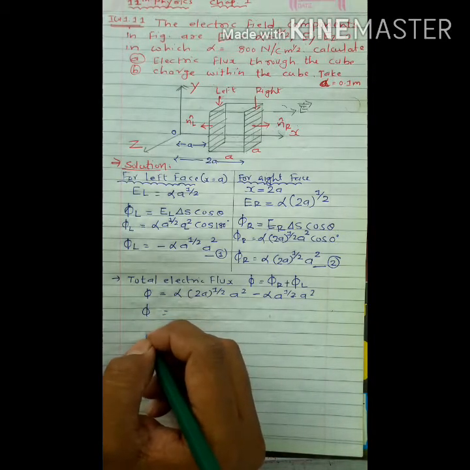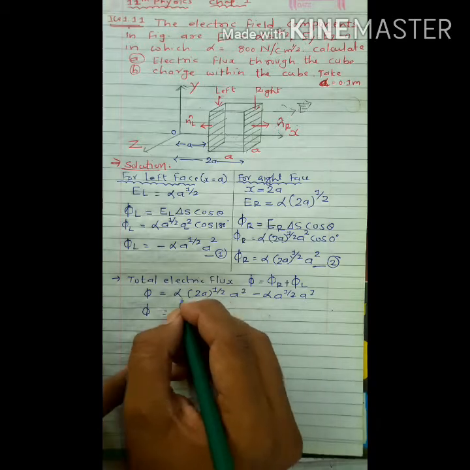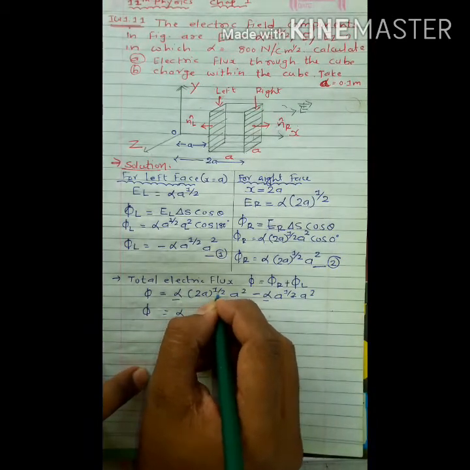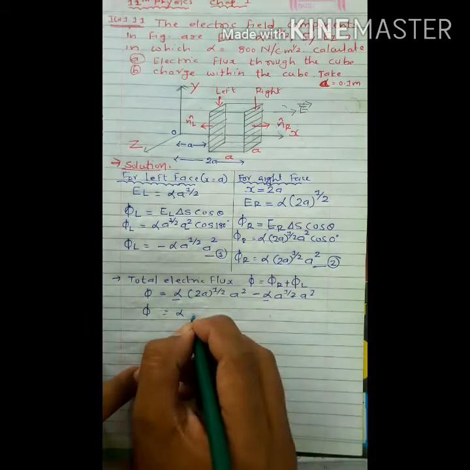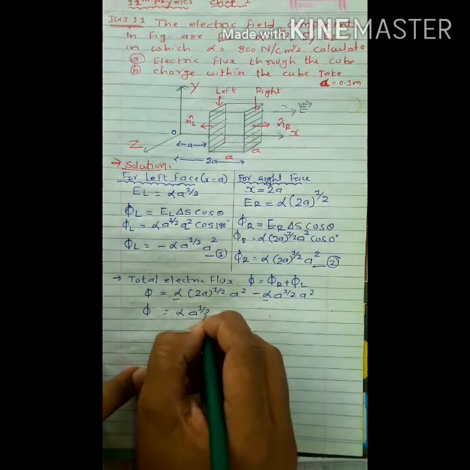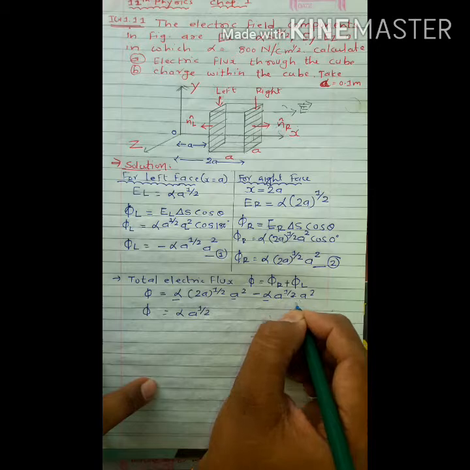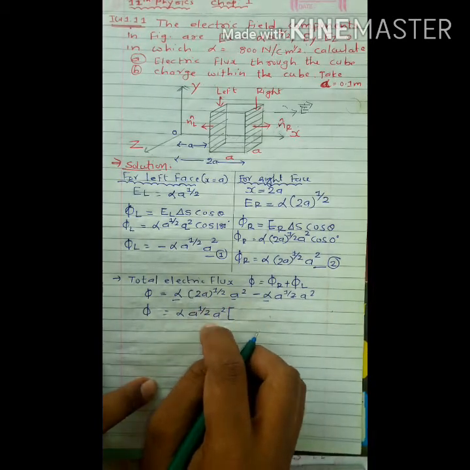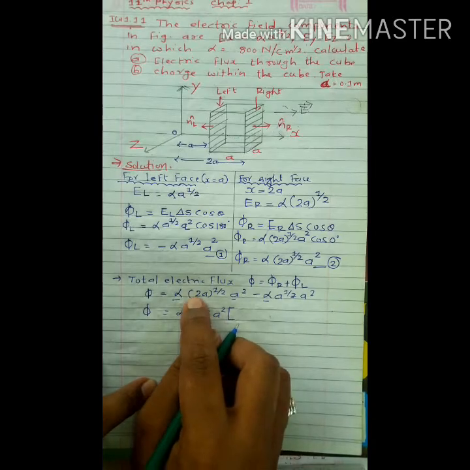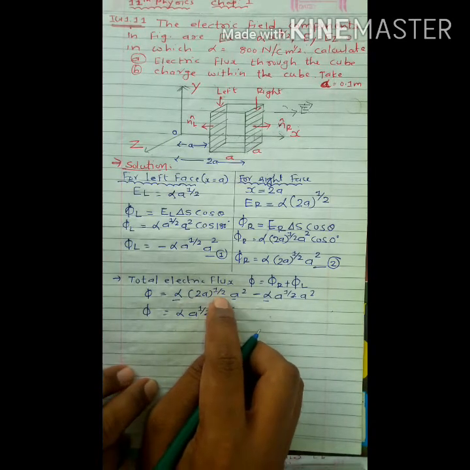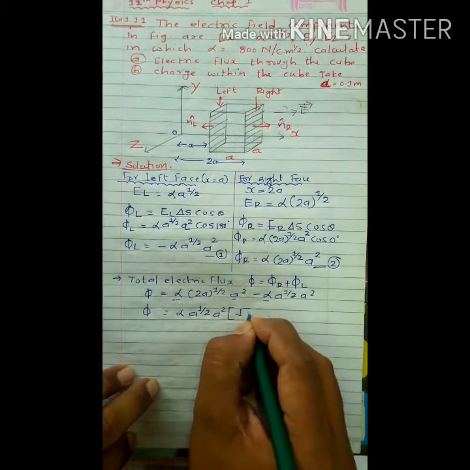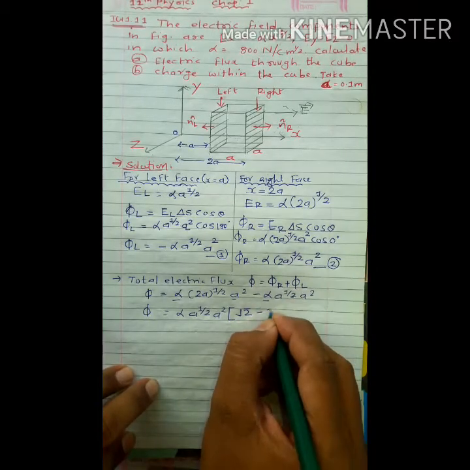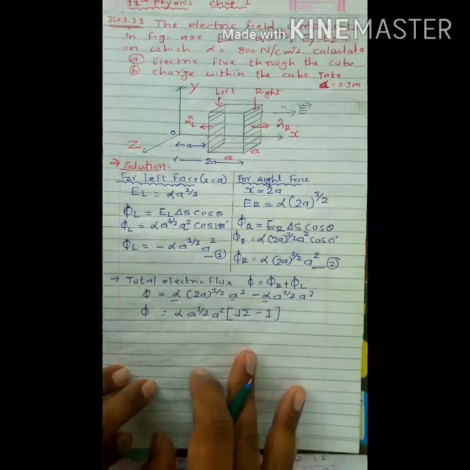Now here we have similar terms. First of all we take out the similar quantity alpha as it is. We have (2a) raised to 1 by 2 and here we have a raised to 1 by 2, so a raised to 1 by 2 is common, a square is also common. Here alpha is common, a raised to 1 by 2 is common, a square is common. We have only 2 raised to 1 by 2, meaning the square root of 2, minus 1.